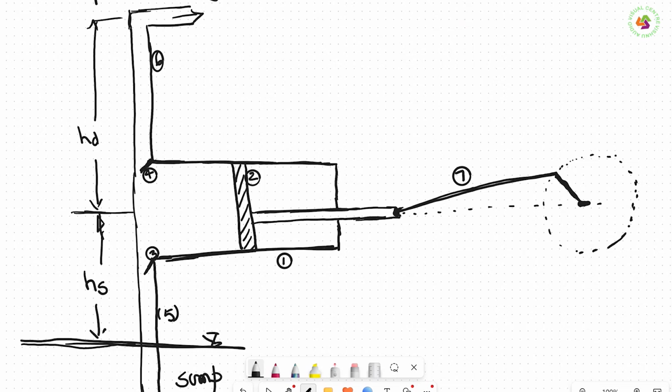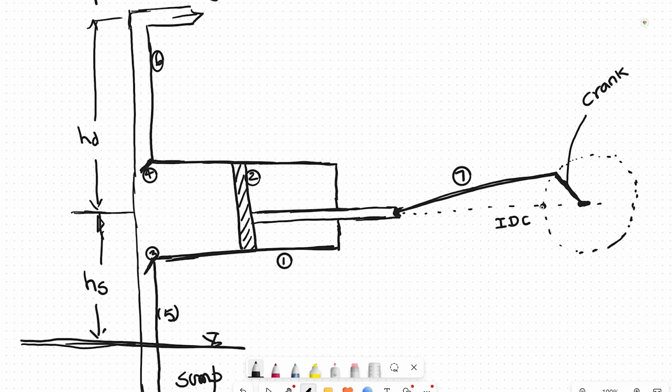Now, after knowing the components, how does the working of the reciprocating pump take place? Initially, the crank position is here. This is what we call the inner dead center.